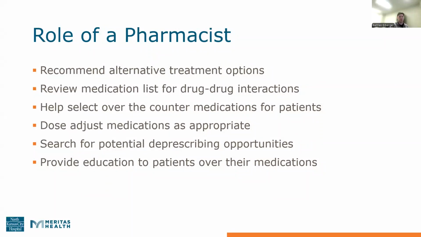As I was mentioning earlier, if you come into a Walgreens or CVS, always feel free to ask the pharmacist in the store to help you choose the best medication for you. In the hospital, we're able to dose adjust medications based off your kidney function, liver function, whatever labs we get. We're also able to search for potential de-prescribing opportunities.